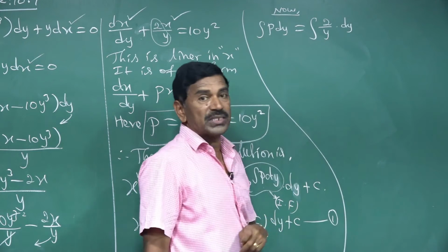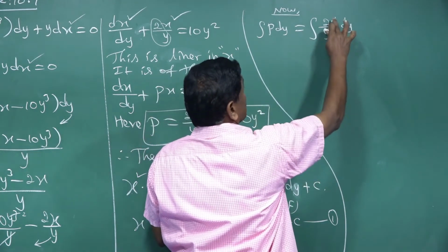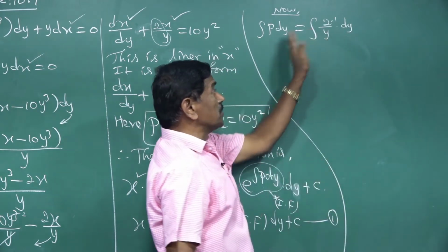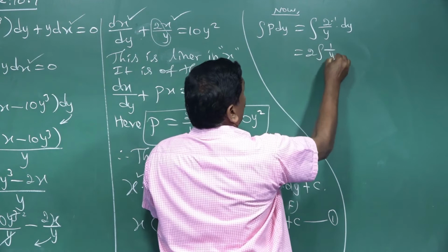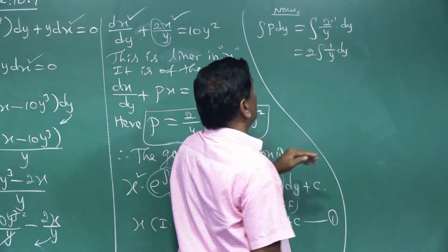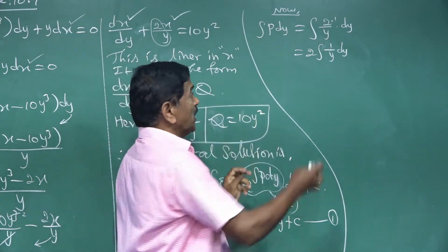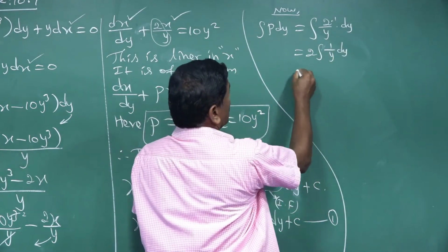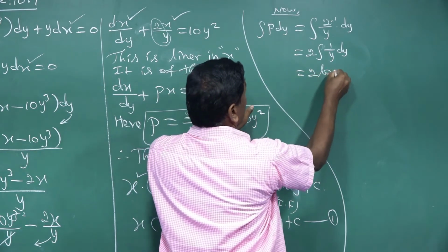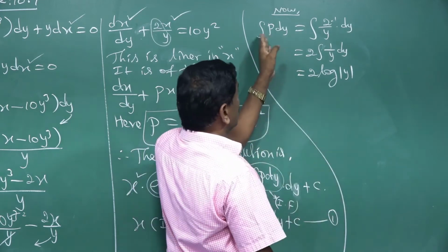Next step: 2 is a multiple constant which comes outside the integration, so this is equal to 2 into the integral of 1/y dy. Can you tell me whether the formula is available? Yes, the integral of 1/y dy is equal to log y. So 2 into log modulus y is the integral P dy.